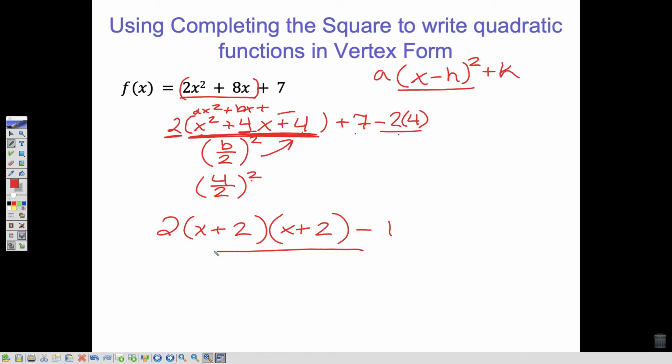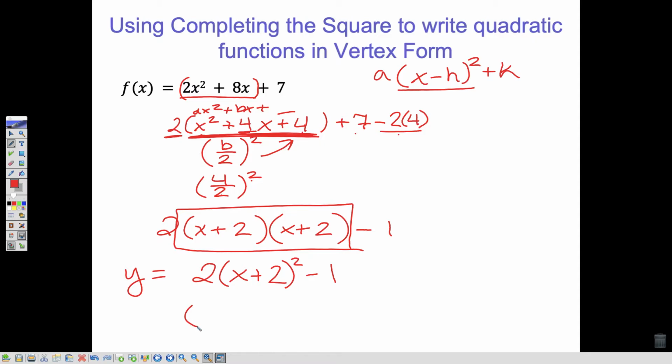So since these are the same right here, I don't write them like that, do I? No. I write it as 2 times x plus 2 squared minus 1. Did I just write that in vertex form? Yes. Whoa. Okay, what's my vertex? Negative 2, negative 1.